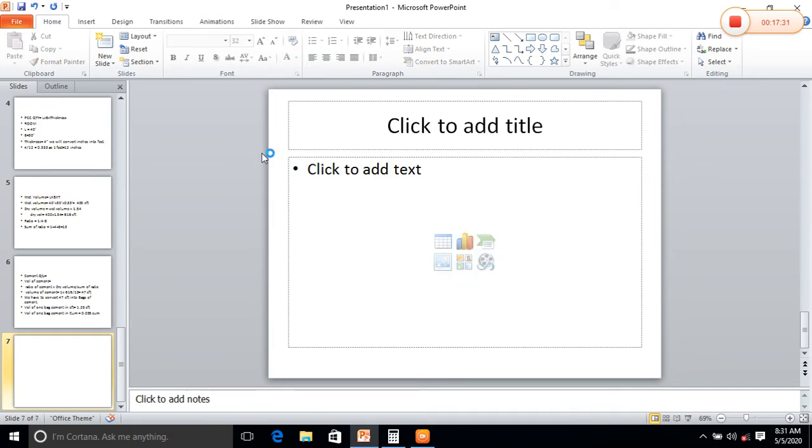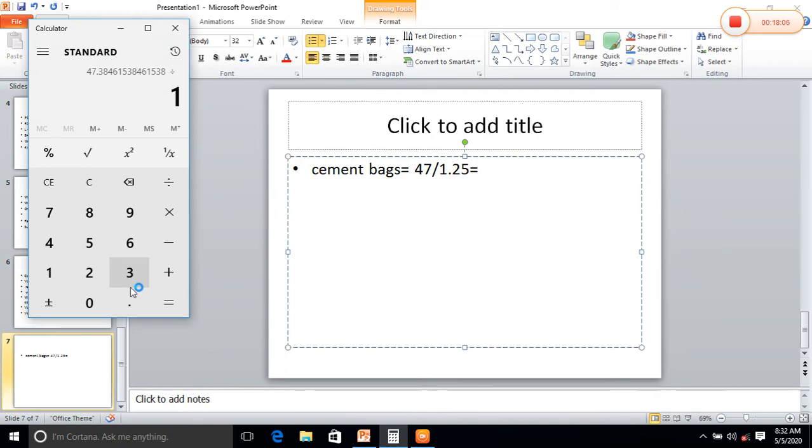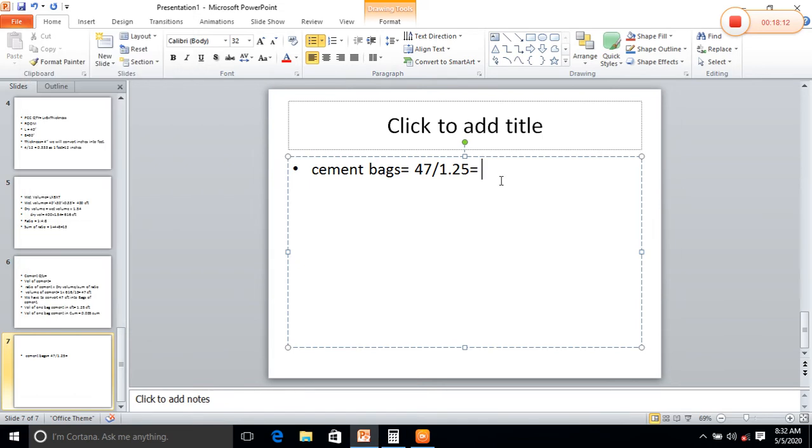So cement bags is equal to 47 divided by 1.25, which is 37.9. So we will take 38 bags.